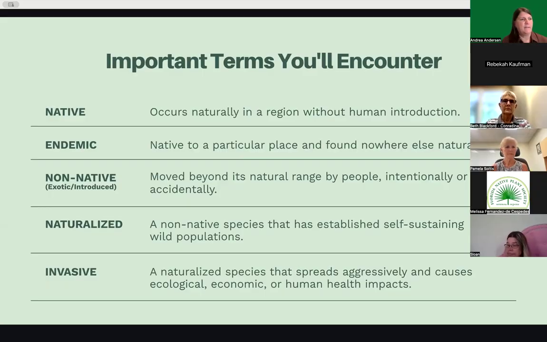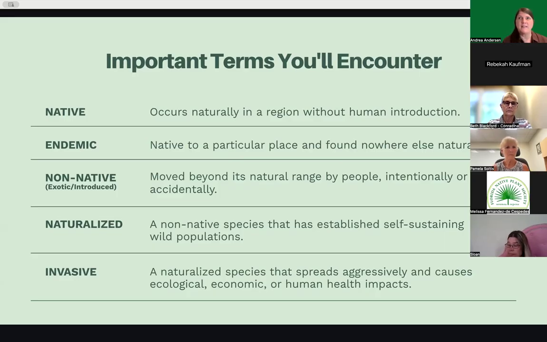A non-native plant, sometimes called an introduced or exotic plant, is one that people have moved beyond its natural range. Some non-native plants become naturalized, meaning they establish self-sustaining populations in the wild without continued human assistance. Then a small percentage of naturalized plants become invasive.